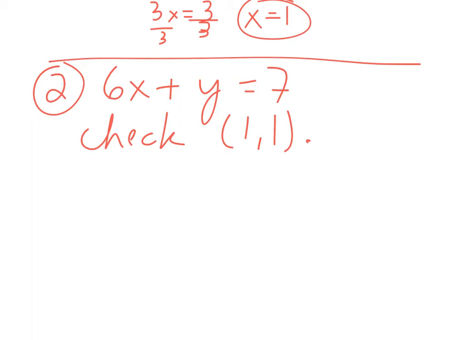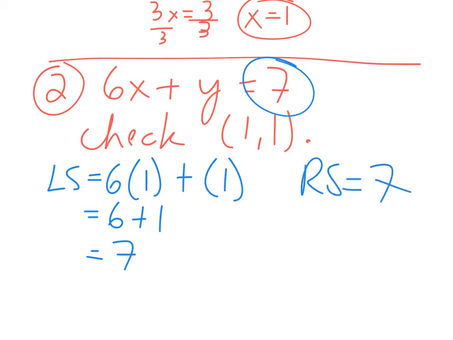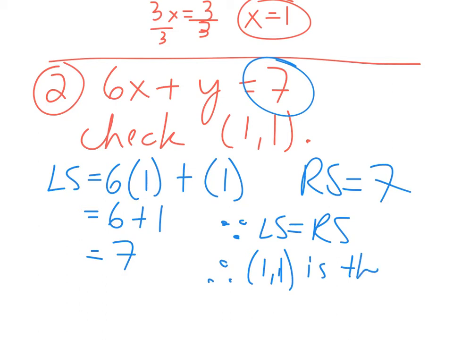Let's take the left side of equation 2, which is 6x plus y, and sub in 1 for x and 1 for y. This becomes 6 plus 1, which equals 7. You notice that the original right side is 7. So we can conclude that since the left side equals the right side in both equations, 1 comma 1 is the solution to this linear system.